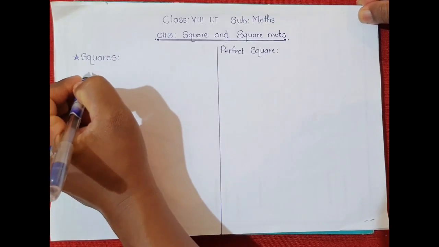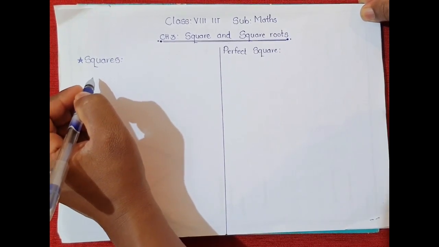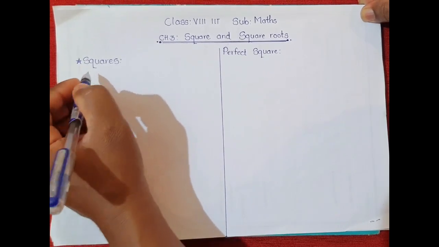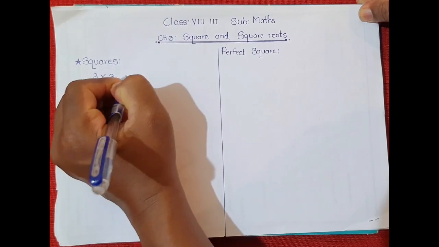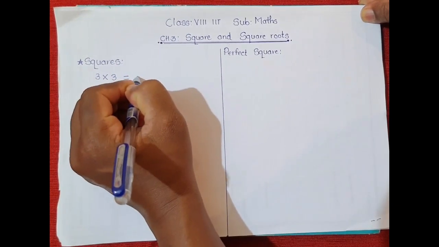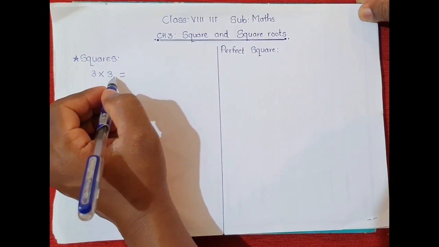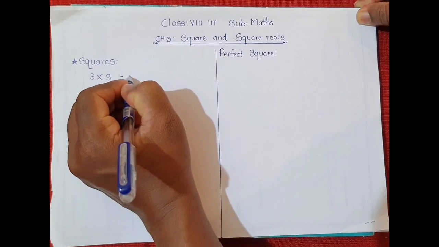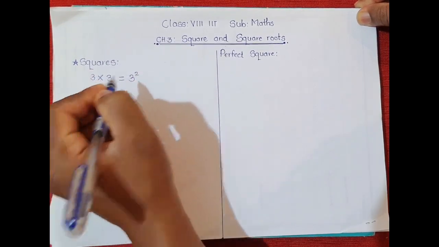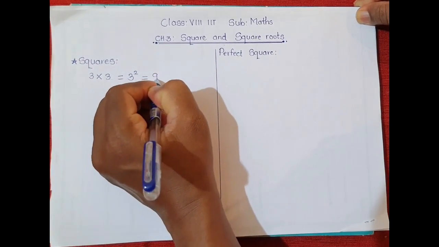See, I am writing some examples here. Pay attention very carefully to understand the concept of squares. See here, 3 into 3 is equal to, in the last chapter on exponents, we have learned that when any number is multiplied with itself 2 times, it can be written this way, 3 raised to the power 2, and 3 3s are 9.